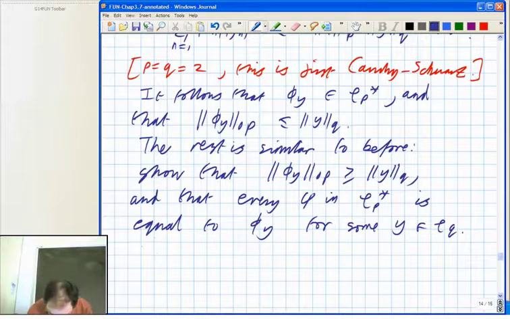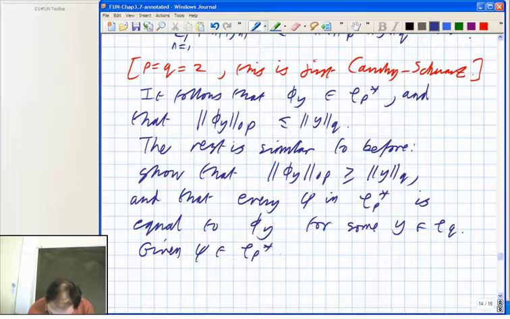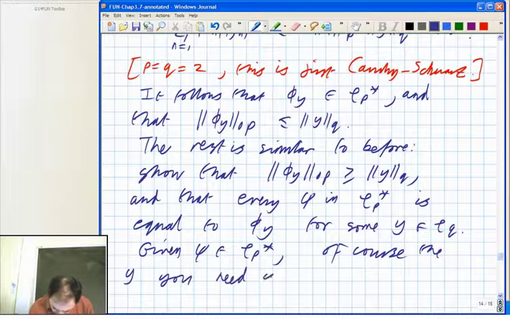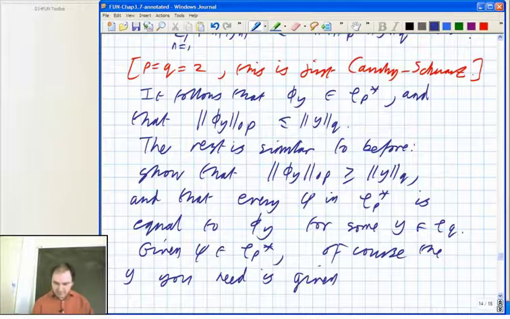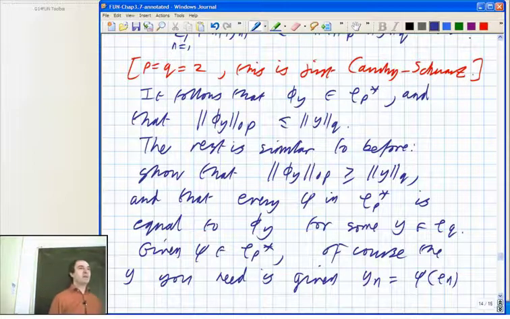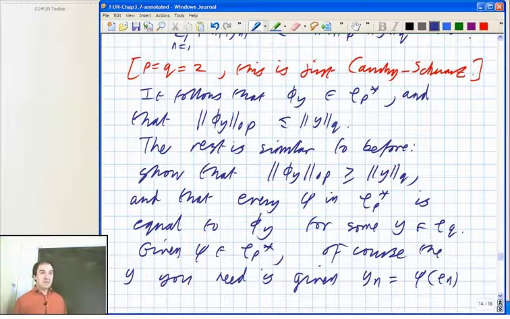But given psi in lp star, of course, the y you need is given by yn equals psi of en again. So yet again, if you've got some bounded linear functional and you want to find a y that does the right thing, you know what it has to do to the en's.